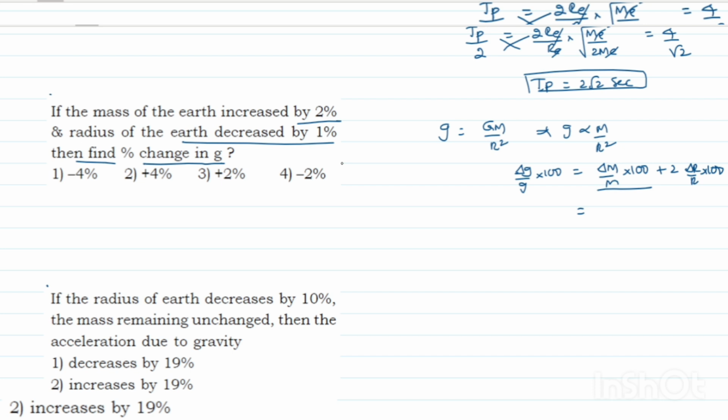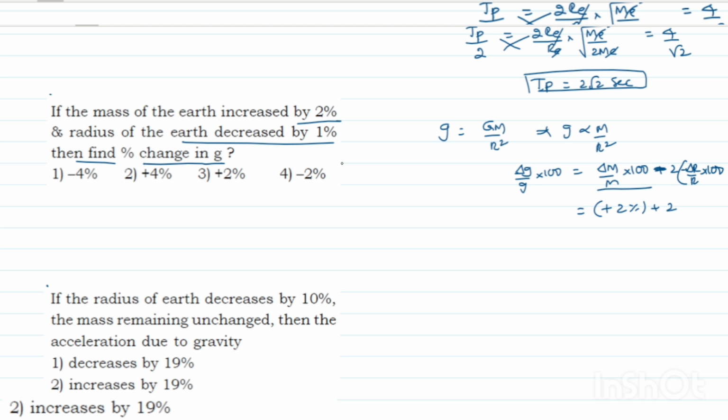ΔM by M changes by 2%, an increased value, that is plus 2%. Then 2 into ΔR by R, which is a decreased value. Else, you can take R to the power minus 2, which gives minus 2 into ΔR by R. This is one more procedure, students.